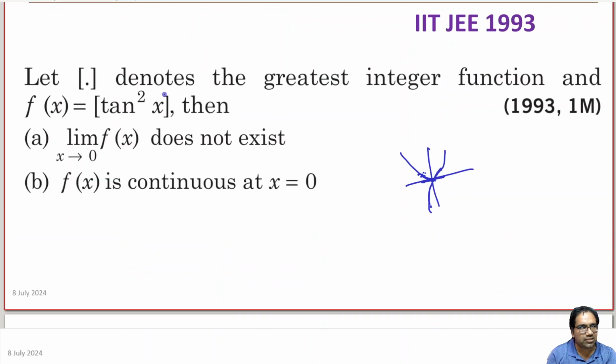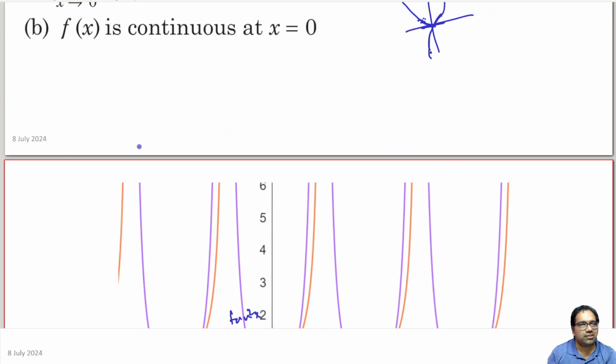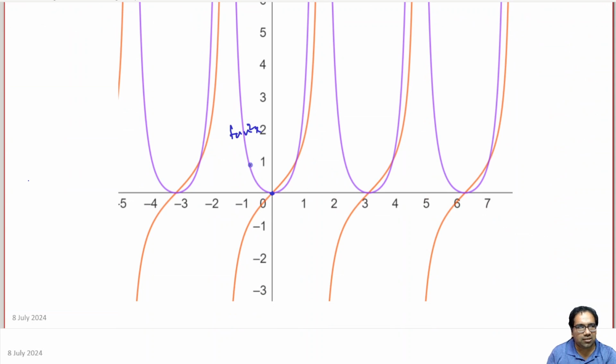Tan square x, or the greatest integer function of tan square x. What is the greatest integer function of tan square x? Between 0 and 1, whatever this part, till this part, that becomes 0.